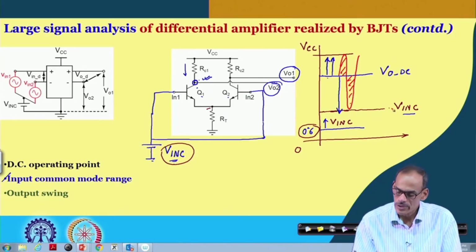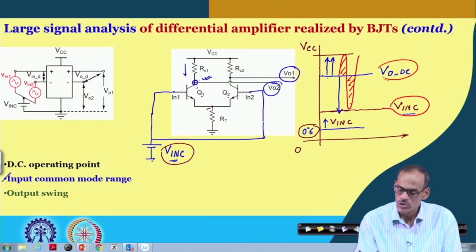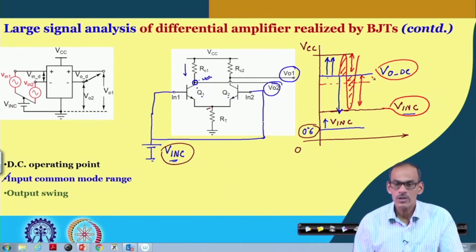Now, for a given input DC voltage, we want this DC voltage to be towards the middle of it, so that the positive swing and the negative swing of the output signal are equal.